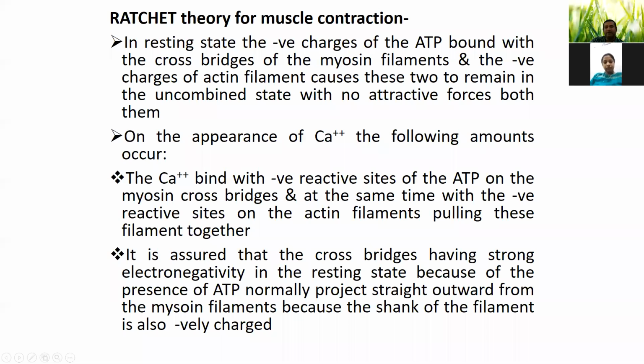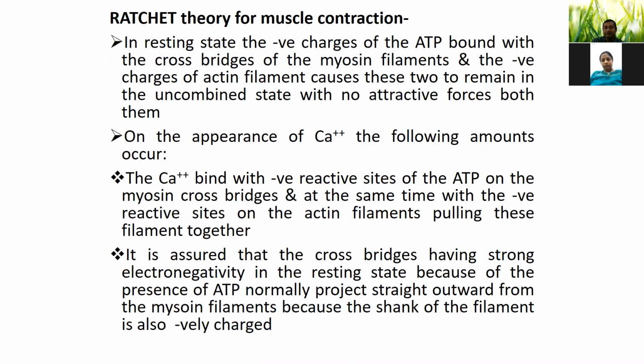On the appearance of calcium ions, the calcium ions bind with negative reactive sites of the ATP on the myosin cross bridge and, at the same time, with the negative reactive sites on the actin filaments, which pulls these filaments together so that muscle contraction can happen.